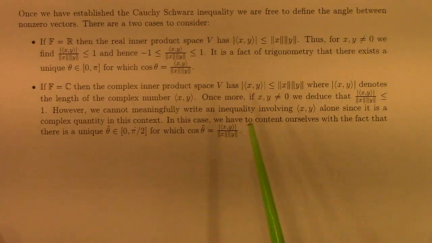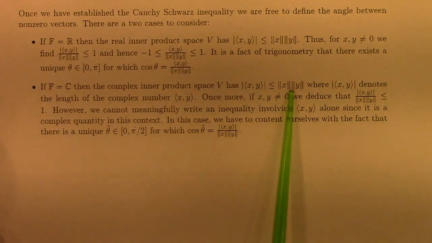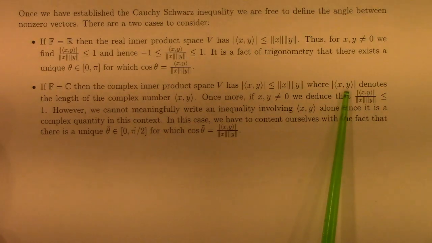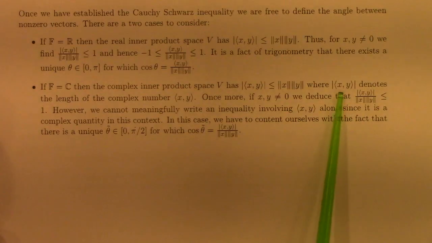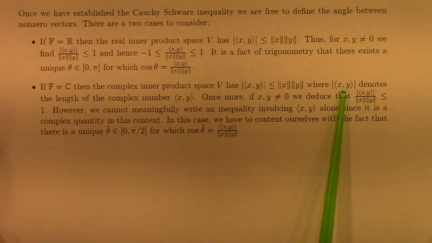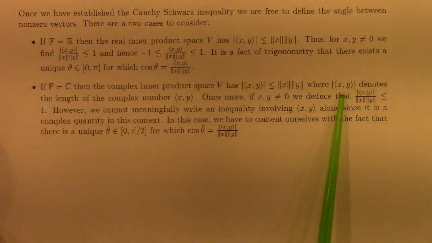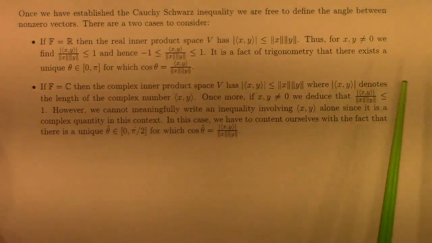Now for a complex vector space, we can't quite do the same thing because the Cauchy Schwarz inequality is still true, but now the inner product of x and y is a complex number, right? So I can't just drop the absolute value here.